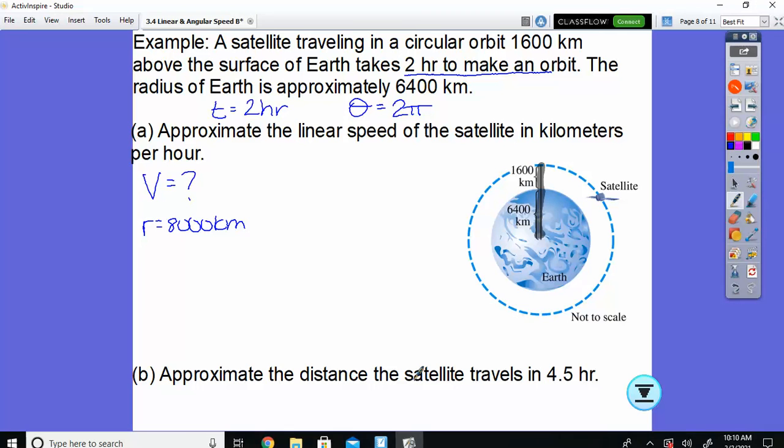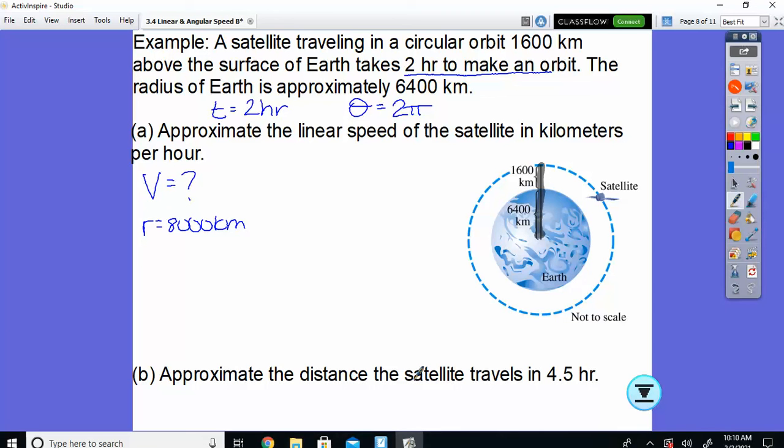Okay, so linear speed is v. We can do v equals s over t. I have t, I do not have s. Or I can do v equals r omega. I have r, but I don't have omega. So first I'm either going to have to find s or omega. So this is one where we're going to have to do 2 problems.